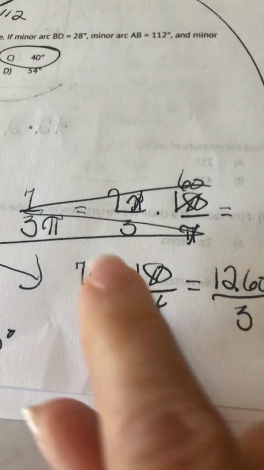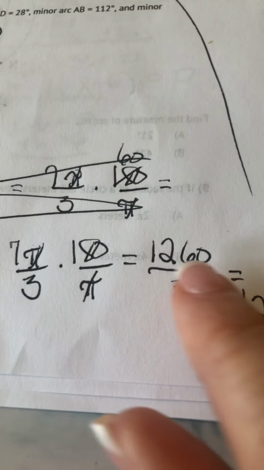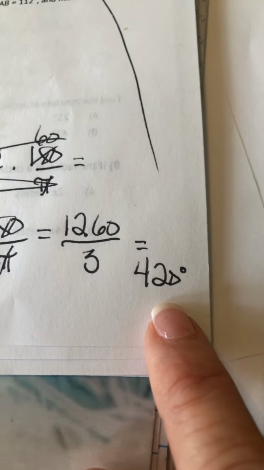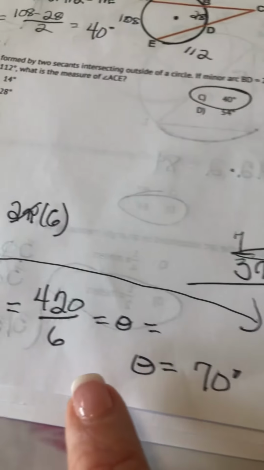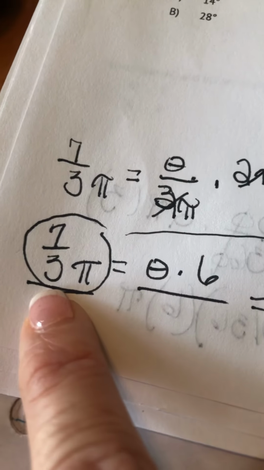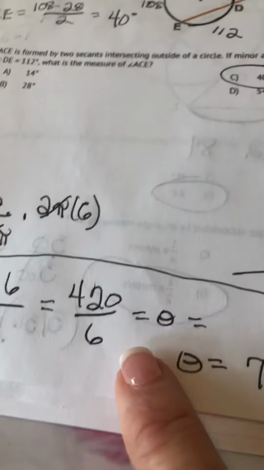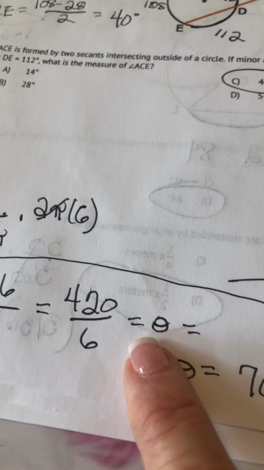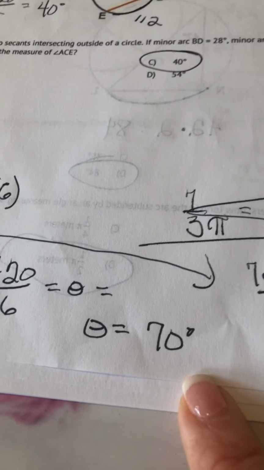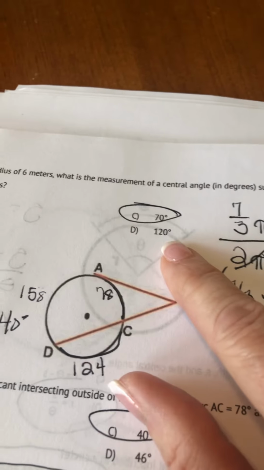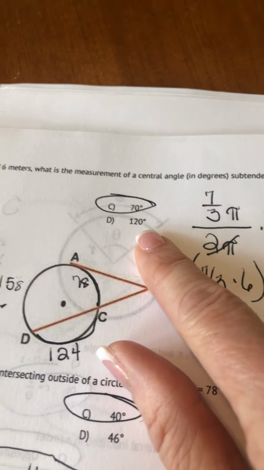So all we had to do here is say 7 times 180 is 1,260. Bring our 3 over and divide, and that's 420 degrees. So now we're going to divide both sides by 6, but I converted that 7 over 3 pi to 420 over 6, and that is going to be equal to our theta of 70 degrees. That one was a little more challenging because we did have to do some conversions.